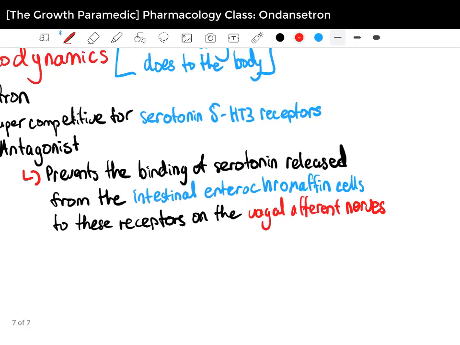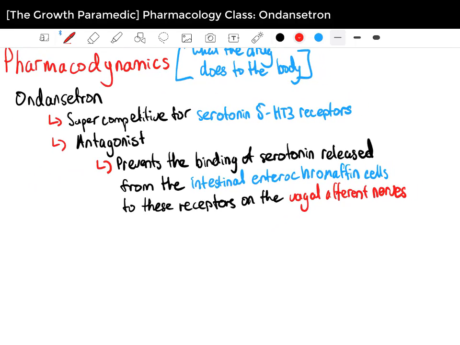Okay, so from here, we know Ondansetron is super competitive to the serotonin 5-HT receptors. So all you need to know in this particular instance is that it's the 5-HT receptors.